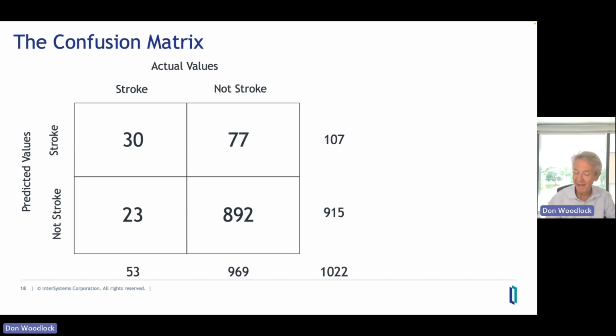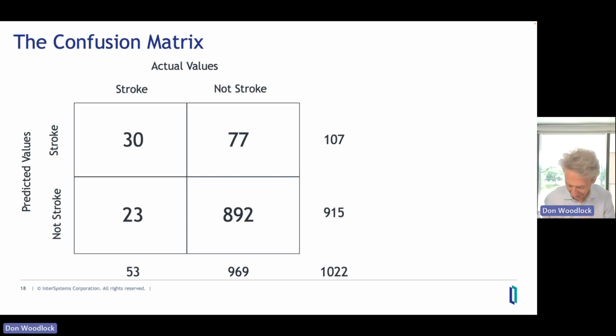In this case, we made 1,022 predictions. We correctly predicted that 30 people had a stroke, but we actually made 107 predictions. The model thought 107 patients had a stroke, but only 30 did. On the other hand, of the 53 patients that actually had a stroke, we found 30 of them.